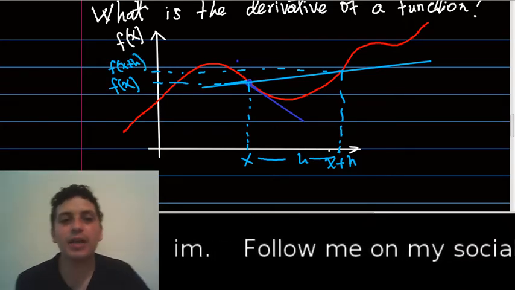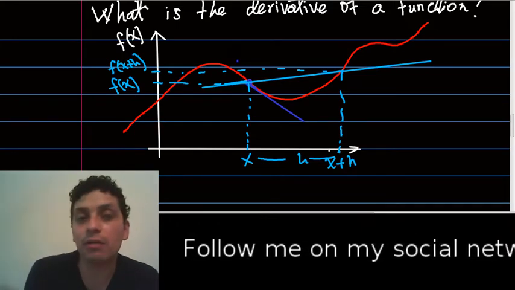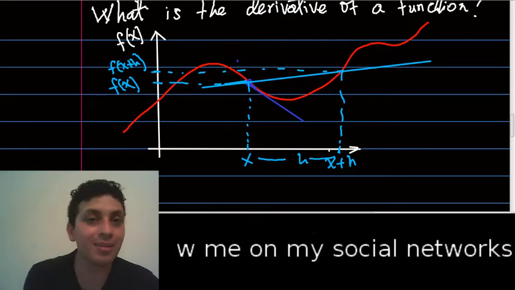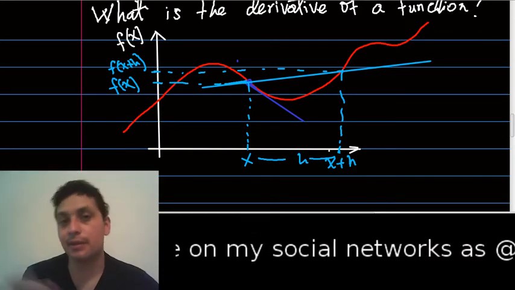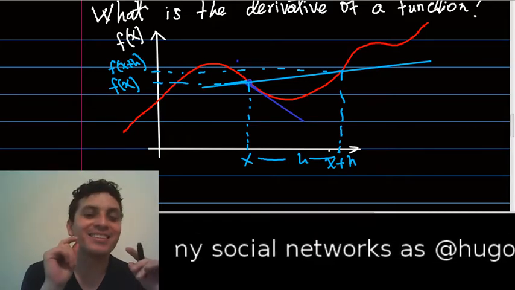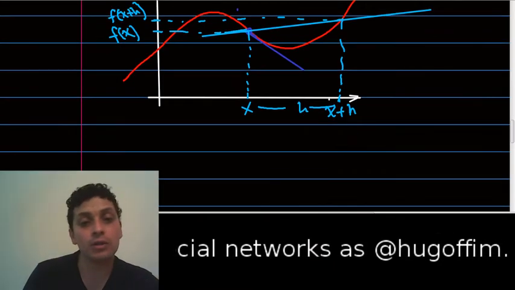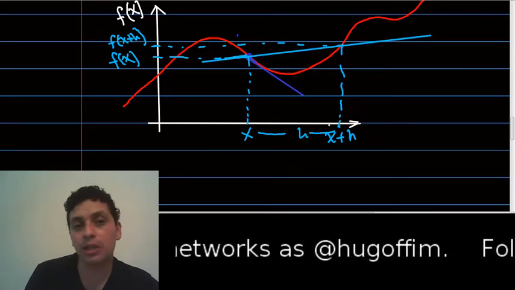Now we can use our typical algebra when you work with slopes and lines, slope-intercept form. There's a video on YouTube about it, so you can check it. In order to get the slope, we just need to take the change in y over the change in x.